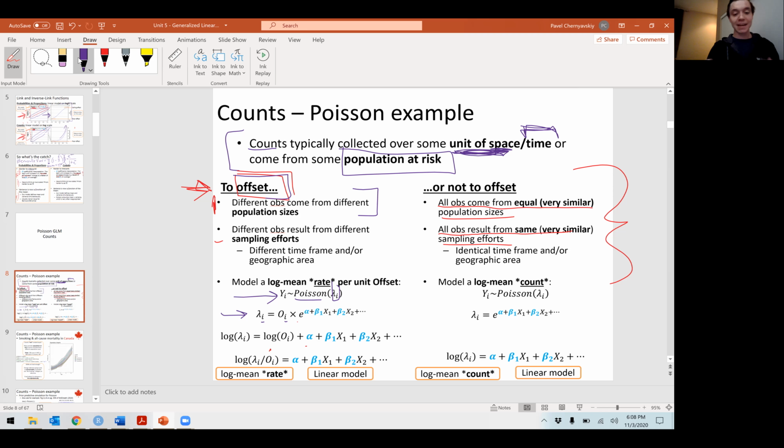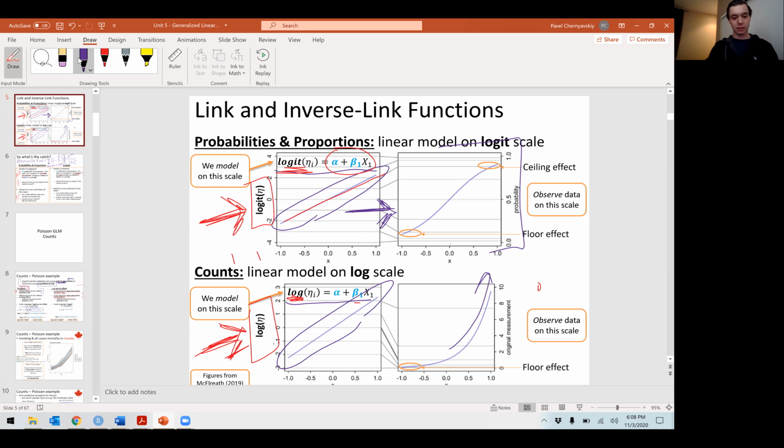There was a different sampling effort. And so it's included right there. And of course, look, we are applying e to the power of the inverse link function, right? So we want to specify our model on this scale, and then we exponentiate to put it on a typical count scale that is bounded by 0 below.